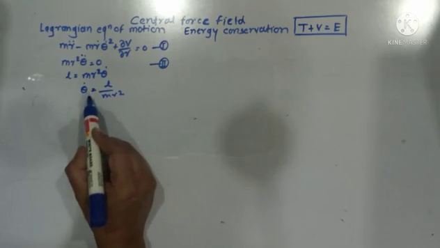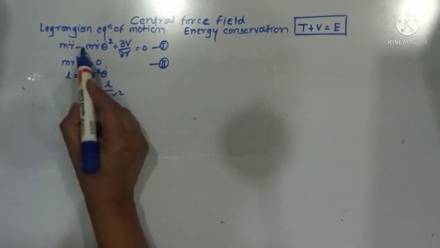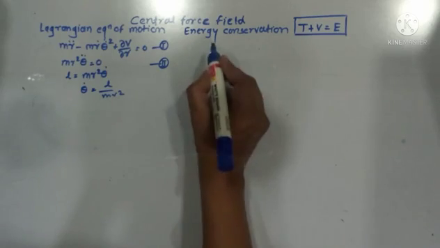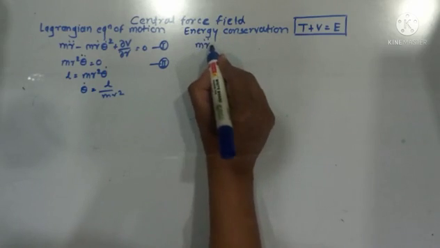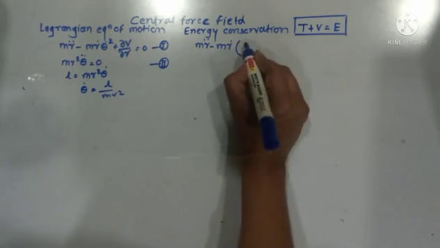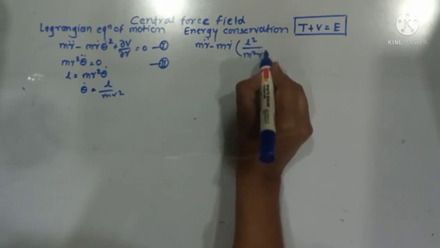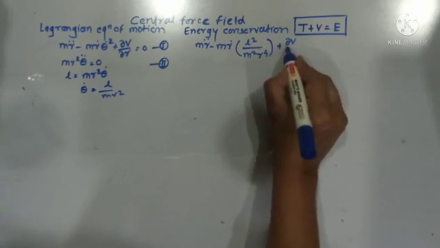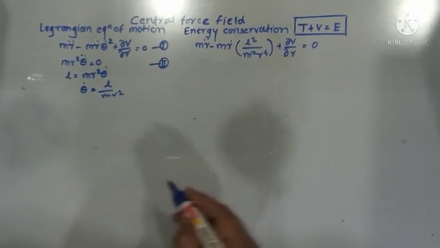Now just put this value of theta dot in this equation, and what we are going to get is m r double dot minus m r, L square upon m square r raised to 4, plus dou V upon dou r is equal to 0.